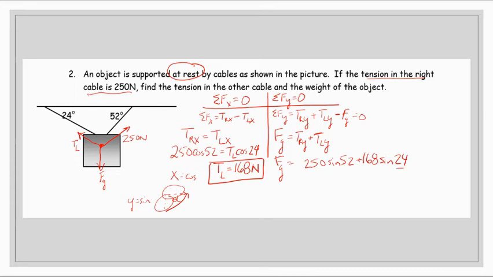Okay, and I'm getting those angles from my problem right here. And so that's going to end up giving me that my force of gravity, or my weight of my object, is 265 newtons.